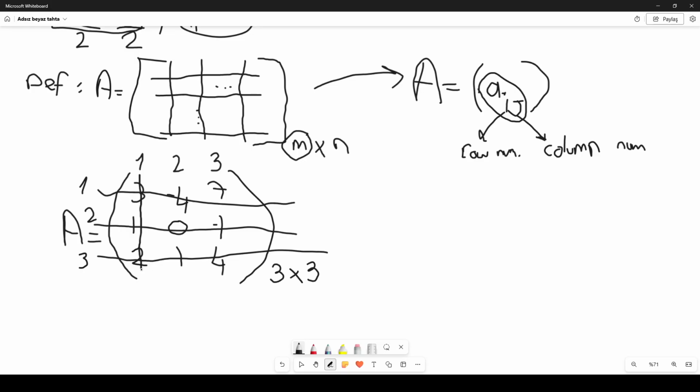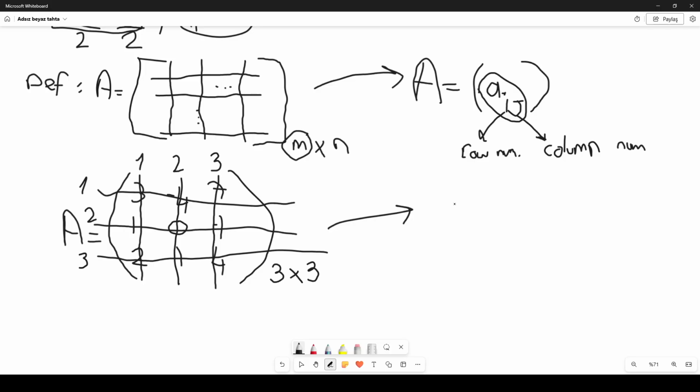So we have a 3 by 3 matrix here. In other words, a matrix that has 3 rows and 3 columns and 9 entries, let's say 9 real values. The entries of a matrix are just numbers, nothing more.